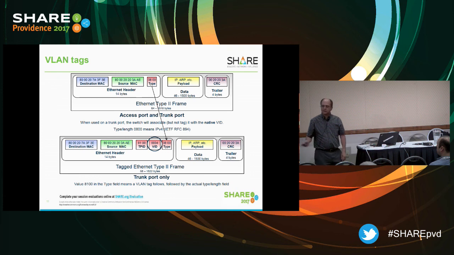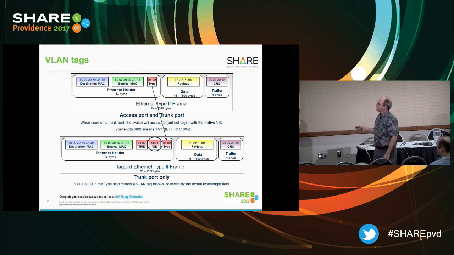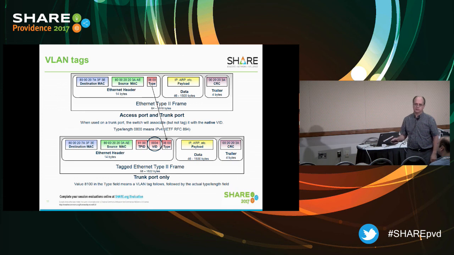There's this type field that sits there, and 0800 tells me that it's IP data. Now, if I look at that type field and say we're going to get clever, I would need to add information to tell you what LAN segment, what VLAN, this belongs to. Then I have to add more data. There's not enough room here to tell, but I want to do this in the header. So what I've done is create a value sitting here, and we can see 8100. I look at that and wonder what it is.